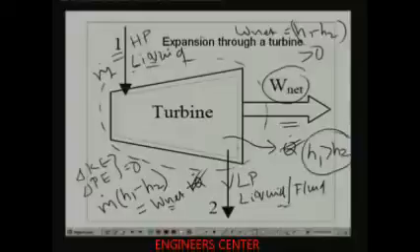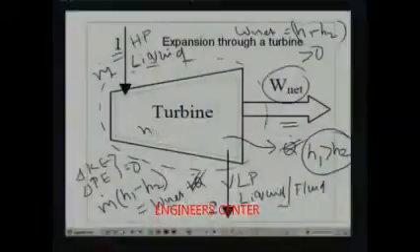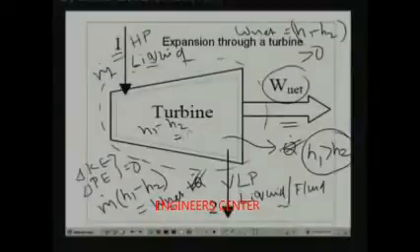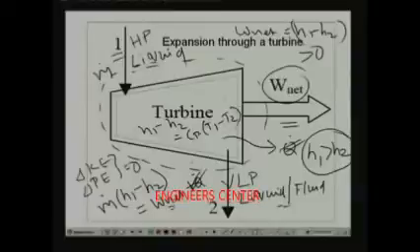That means the exit enthalpy will always be lower than the inlet enthalpy. If you further assume that the specific heat of the liquid remains constant and the liquid does not undergo any phase change during expansion, then you can write H1 minus H2 equals Cp times (T1 minus T2), which is greater than 0.